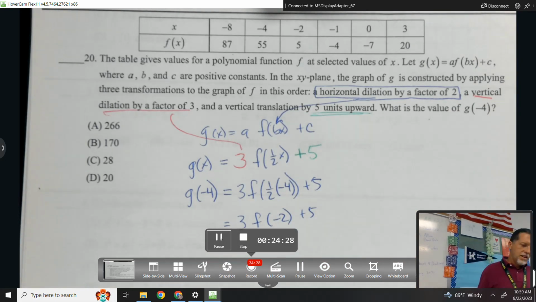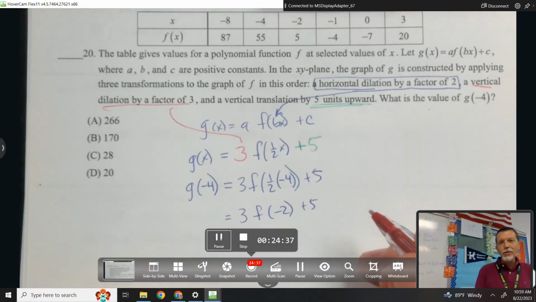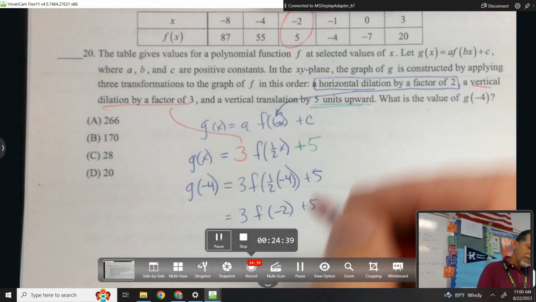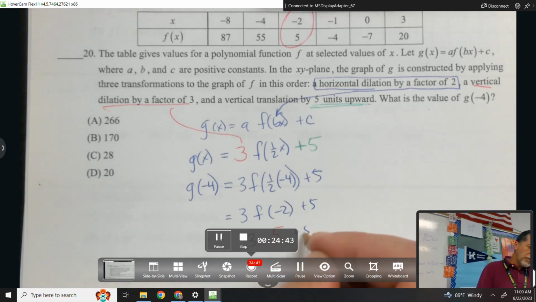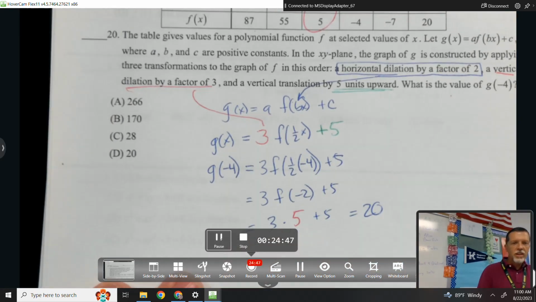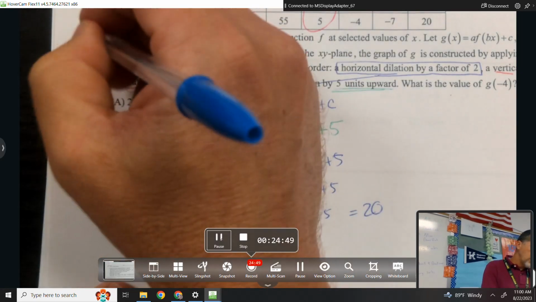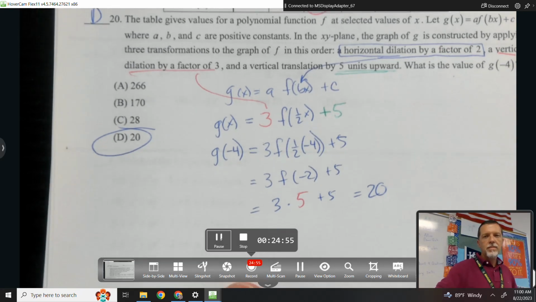Look at the table. There's a whole bunch of extraneous information up there. What I need to know is that f of -2 is equal to 5. So 3 times 5 plus 5. I sure hope 20 is an answer choice. And what do you know? Feel better about that. Sorry. Better?